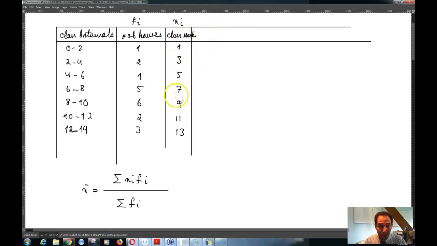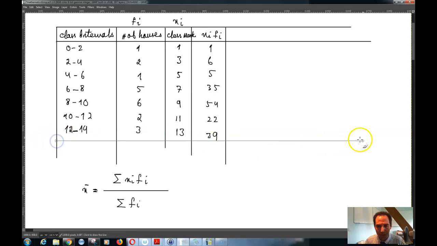Now it's still very easy to calculate f of i times x of i, meaning that I can write x of i times f of i is equal to, for example, 1, 6, 5, 35, 54, 22 and 39.